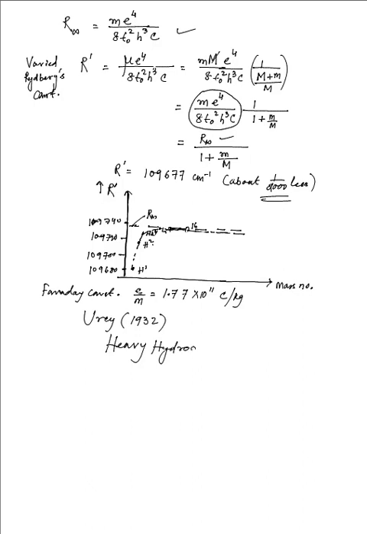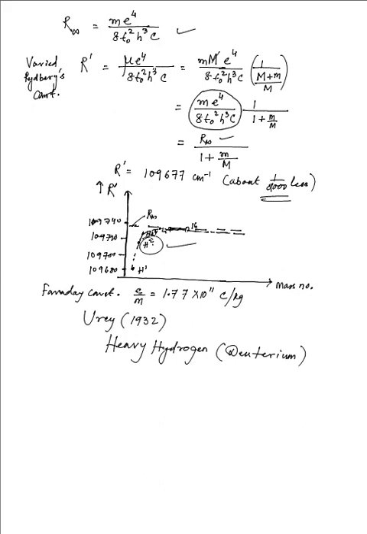Which is popularly given the name that we know today, deuterium. And that is exactly the isotope of hydrogen that we just plotted in that graph. It's not that abundant.